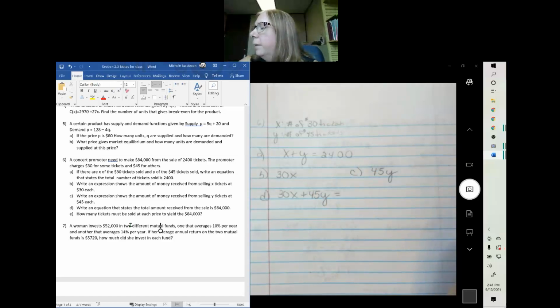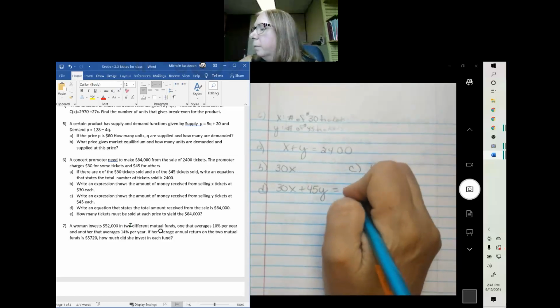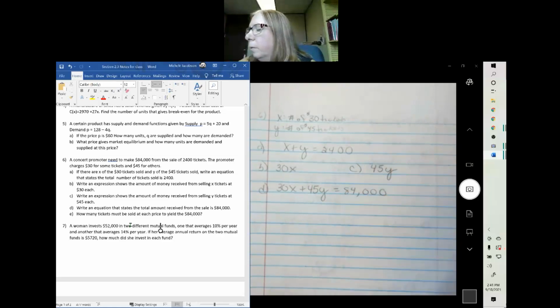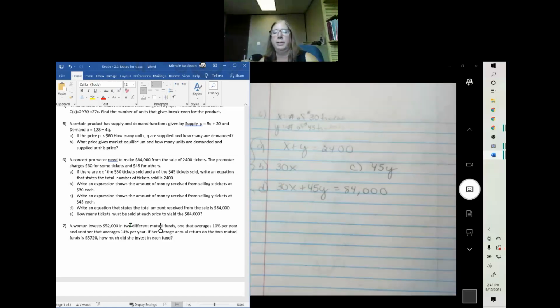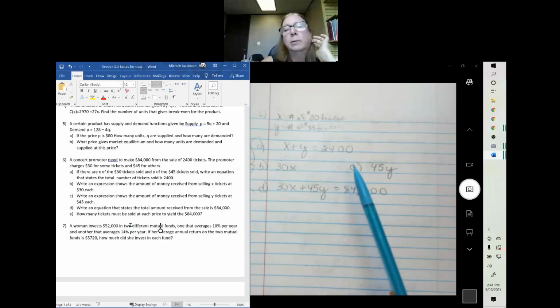And that should equal the 84,000. So all of this would be one part of a question. I would just say write the system of equations. And then I would say solve them, or how much of each ticket is sold to make the $84,000. I wouldn't break this into parts.